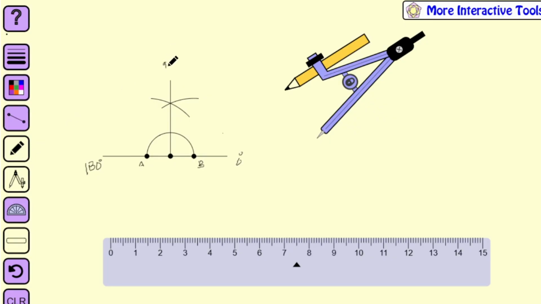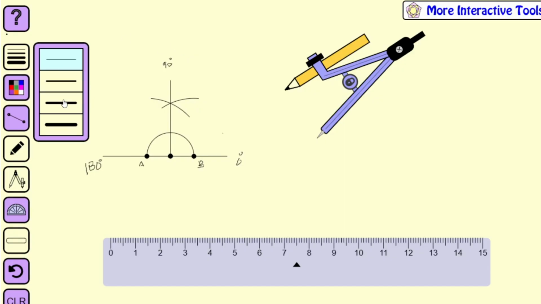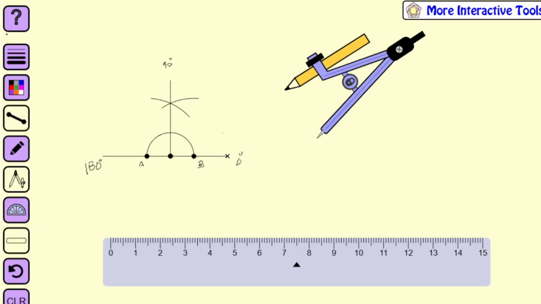Now remember, if the question asks you for 90-degree, you need to darken the important lines. So from 0, with your ruler and your pencil to the vertex, and then from the vertex to that line.